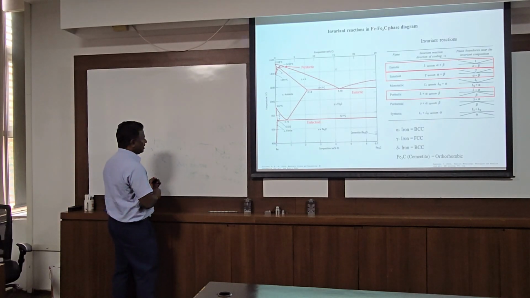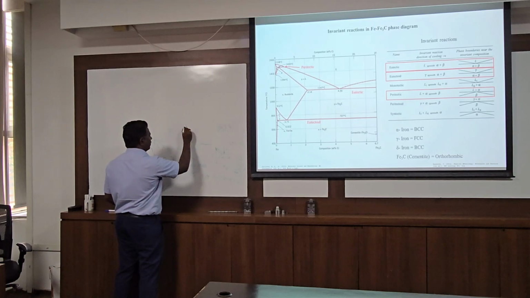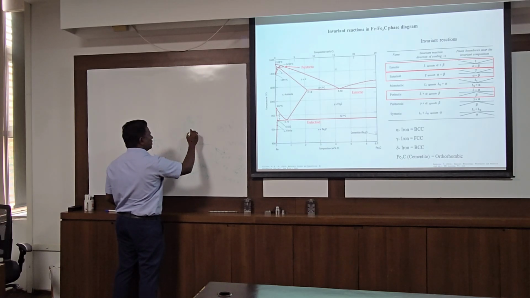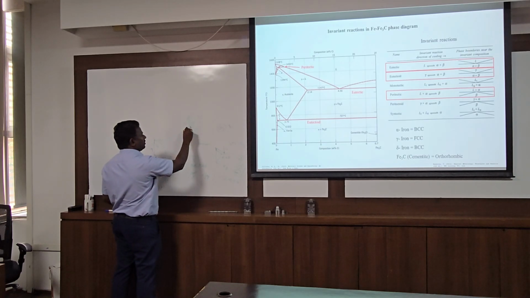So if you see the unit cell of BCC, all 8 corners will have 8 atoms and in the middle there will be one atom.